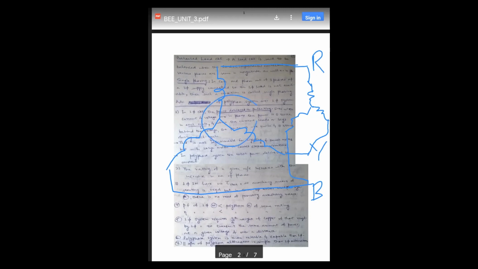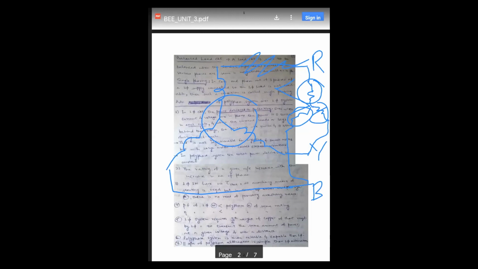This is our supply system and this is our load system. Similar to the supply system, if these impedances are the same, then we say that it is a balanced load circuit. In case one of these three phases is out or faulty, then the system is called single phasing.